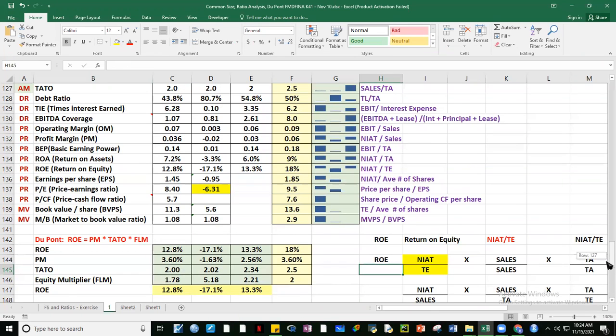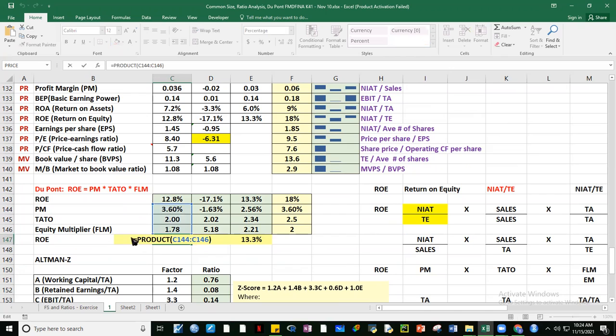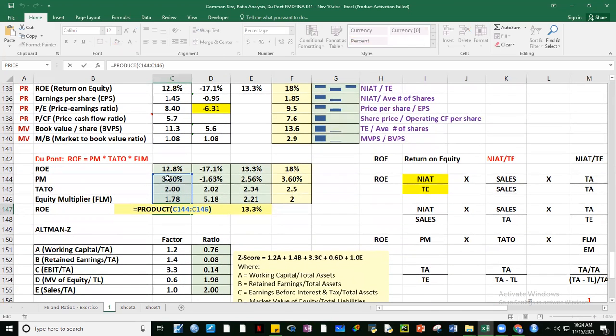Now that we have computed the profit margin, the TATO, and the equity multiplier, we can get the ROE by multiplying the three measures. Profit margin times TATO times equity multiplier. That's just the product.